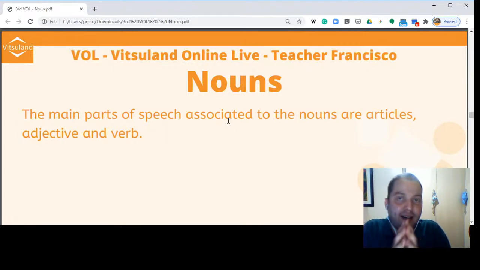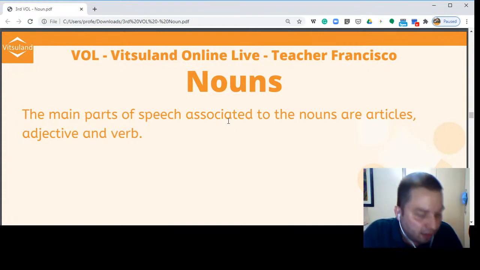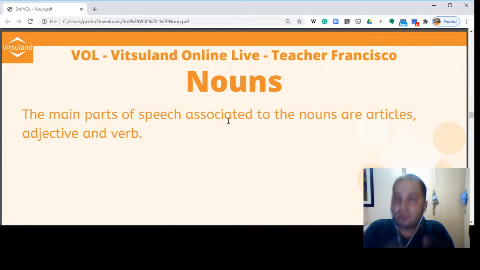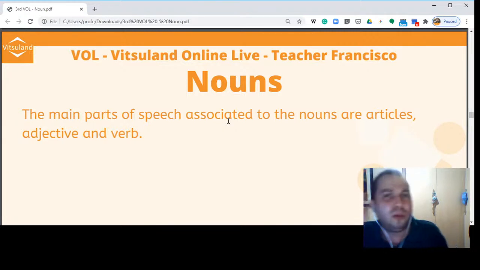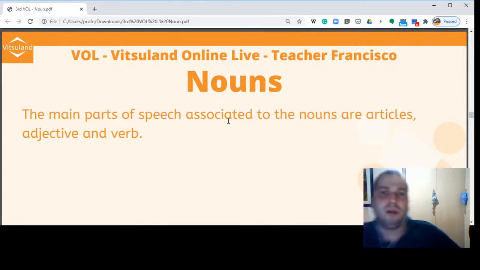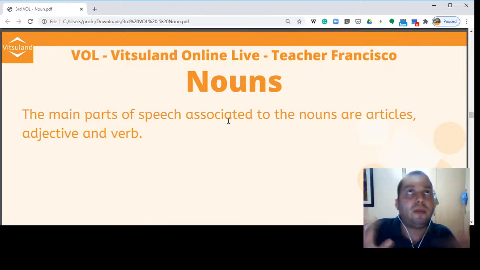So when you encounter a noun, for example, in a reading text, or whilst you're speaking to someone else, or telling a story, or when you are listening to a song or music, I wouldn't say a song or music, it depends, because even when we consider, for example, musical notes or different types of instruments, these are nouns as well, okay?